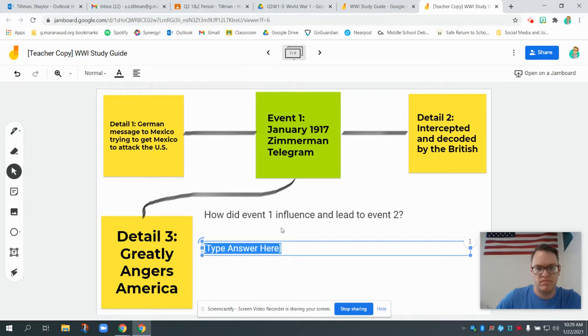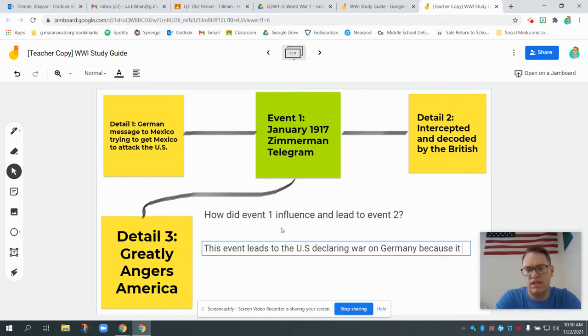So this event leads to the U.S. declaring war on Germany because it was seen as an attack by Germany on the U.S.